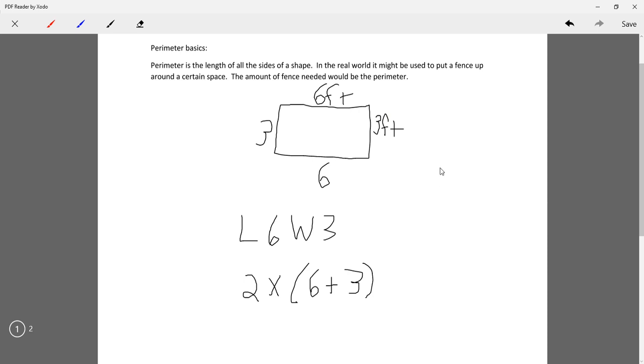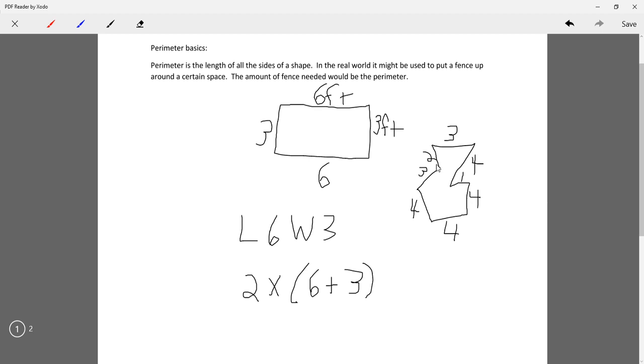Now, you can also do a perimeter of something like this. Let's just say 4, 3, 2, 3, 4, 4, 1, 4.